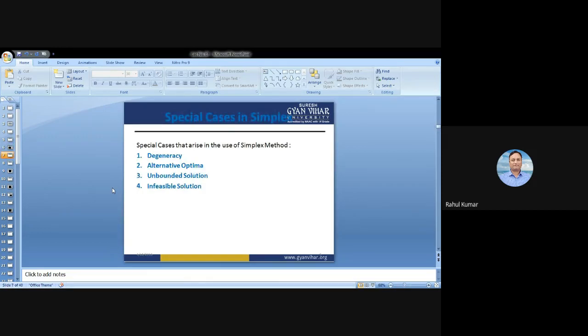And for the special cases of the simplex method, there are four: first is degeneracy, alternative optima, unbounded solution, and infeasible solution. These four cases give different types of problems related to the simplex tabulation, right?